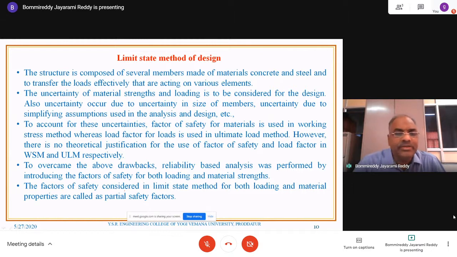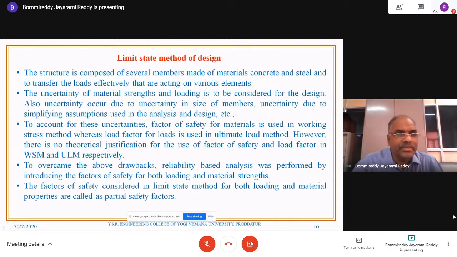So now you have already seen two different methods in the last class: the working stress method of design and the ultimate method of design. Why is design required? Because the structure is composed of several members, made of concrete and steel, and it has to transfer the loads coming on the various elements effectively.